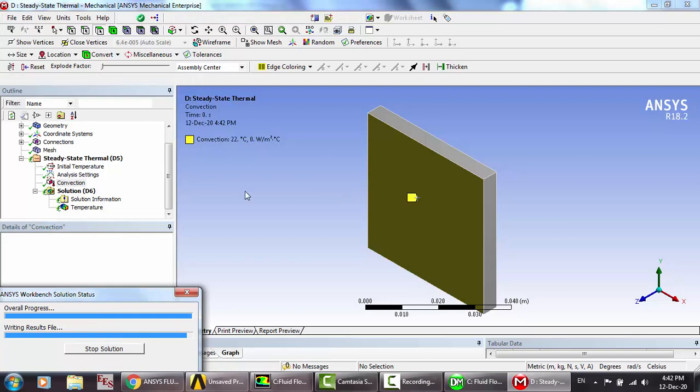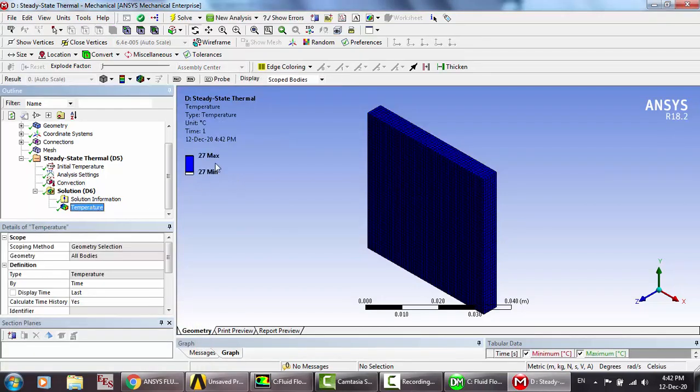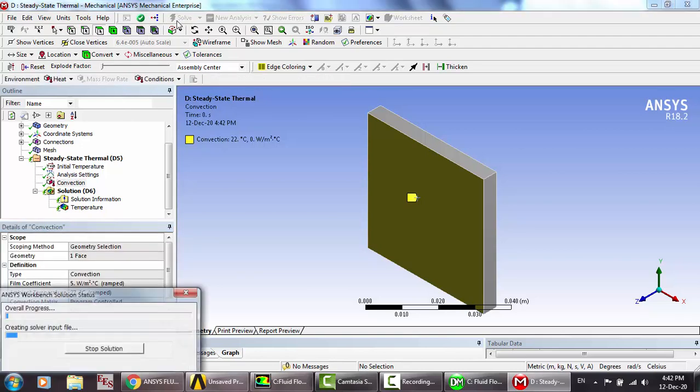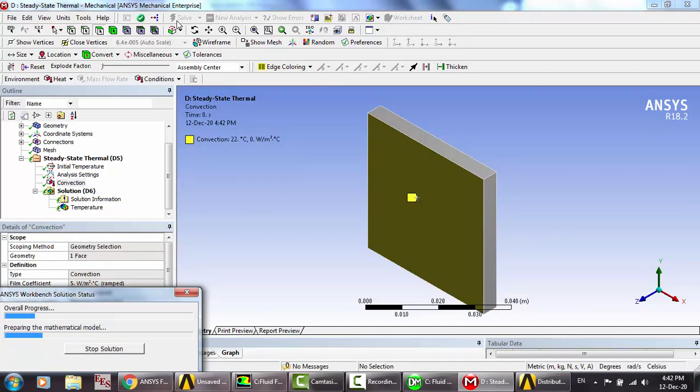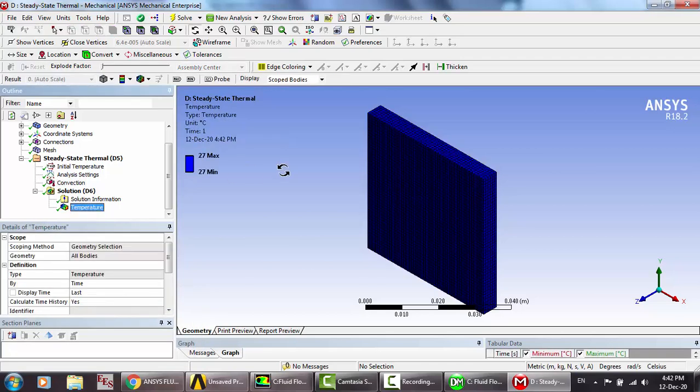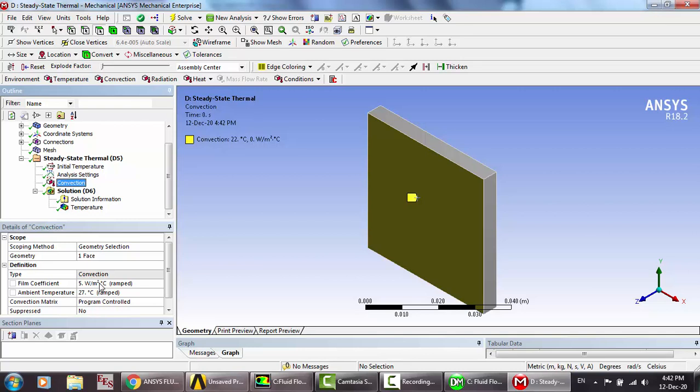So increasing H here, notice that it's still 27. I'm gonna decrease it to 5. So it does not change. Increasing or decreasing, it is 27, it does not increase.